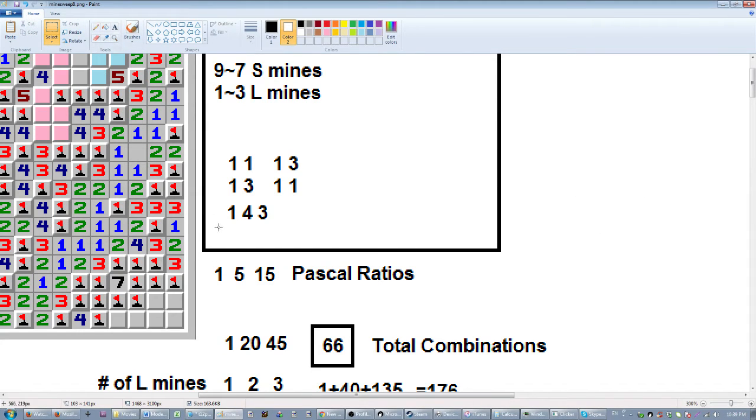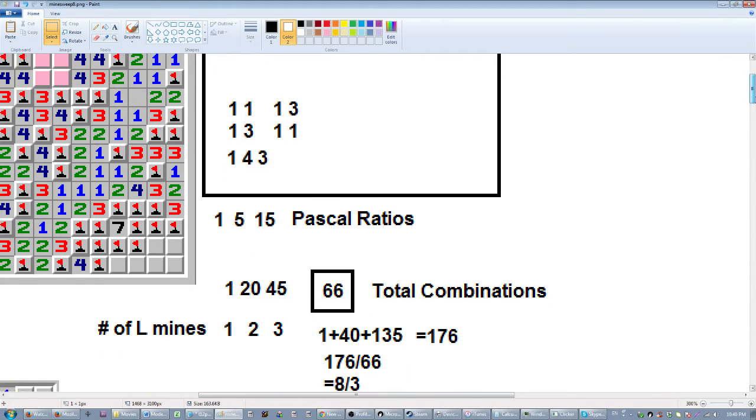So we have two ratios. We have the shoreline combination ratios, and we have the land ratios, which is the number of combinations compared to each amount of mines. That is, if there's 1 landmine, if there's 2 landmines, and if there's 3 landmines. So we multiply them both.